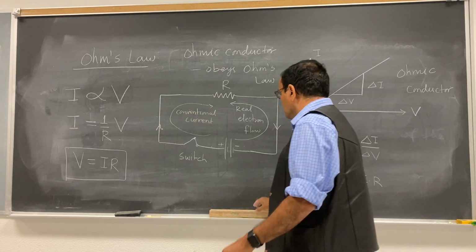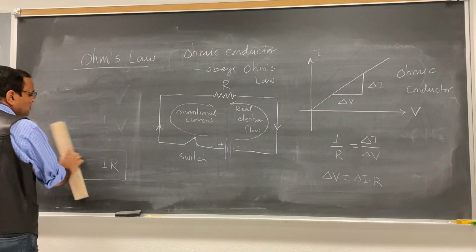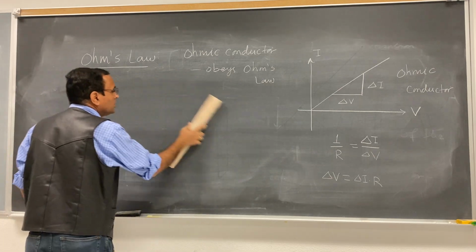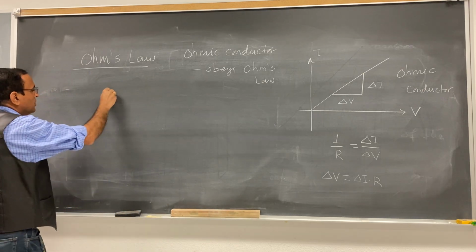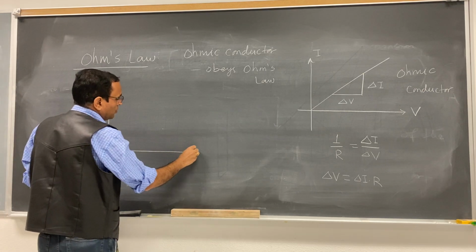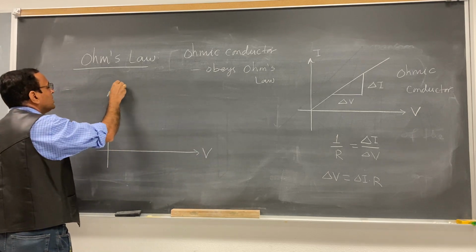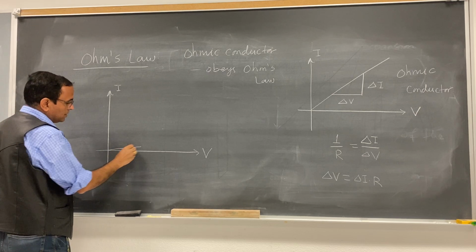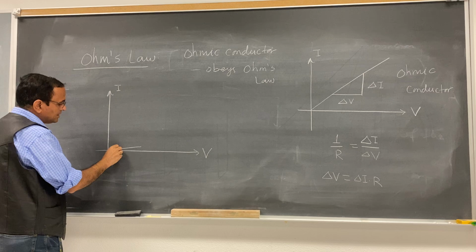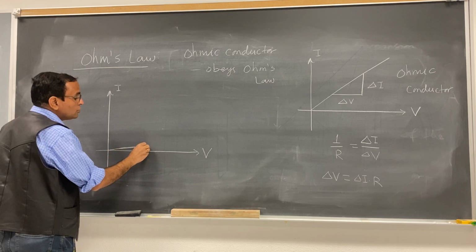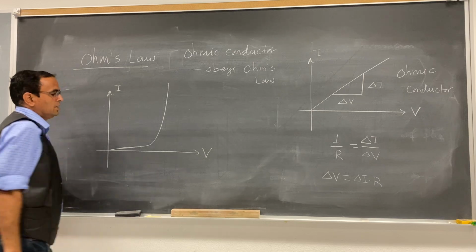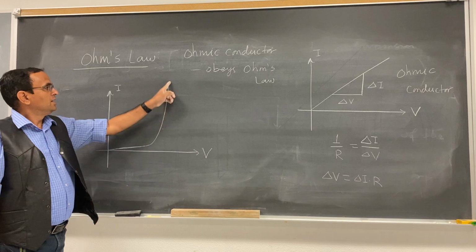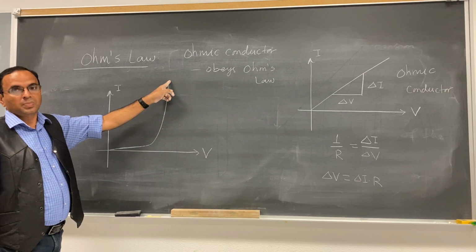Okay, there is another type of conductor we call non-ohmic. If you plot the graph, voltage here, current there, if it is non-ohmic, you get something like this. You increase the voltage, your current is slightly increasing, and after a certain point right here, it goes up abruptly. In this region, current increases slowly, but right here we get avalanche, breakdown.